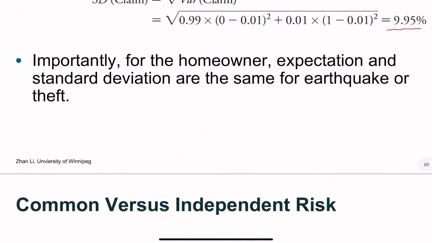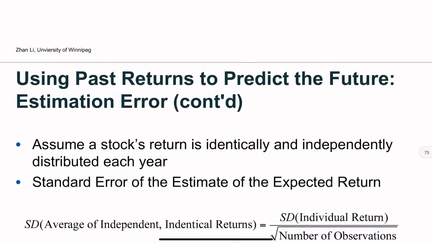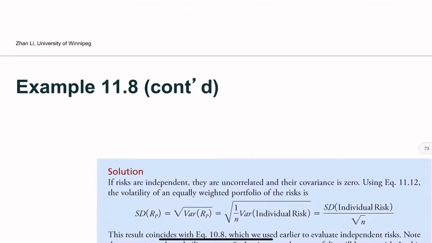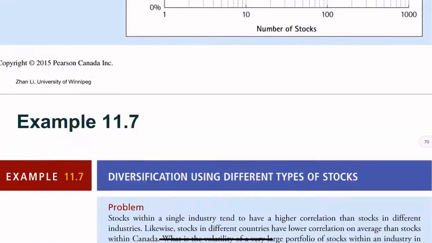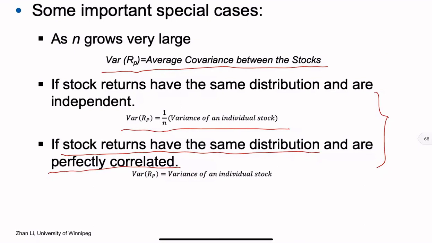What does this imply here? Well, let's again go back to what we have learned in the previous lecture. Okay, found it. So it says if stock returns have the same distribution and are perfectly correlated, then the variance of the portfolio equals the variance of an individual stock. Of course, here we are talking about stock returns. In the case of insurance policy, we will have the same result.